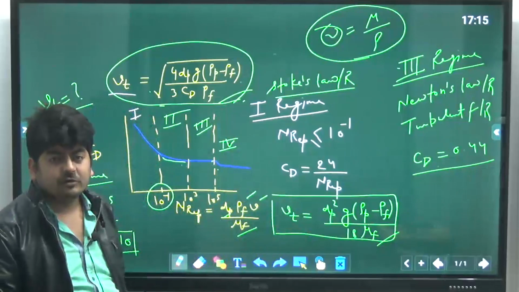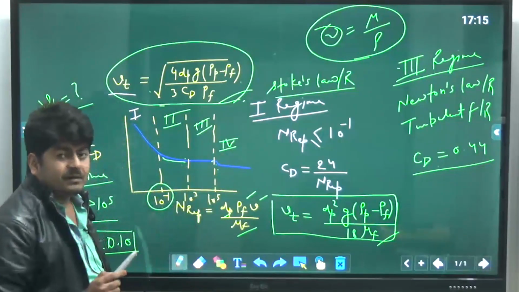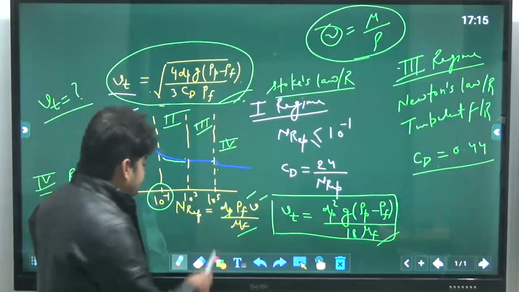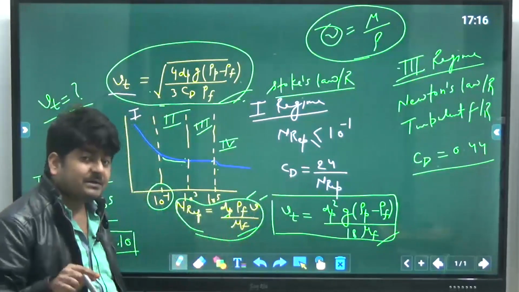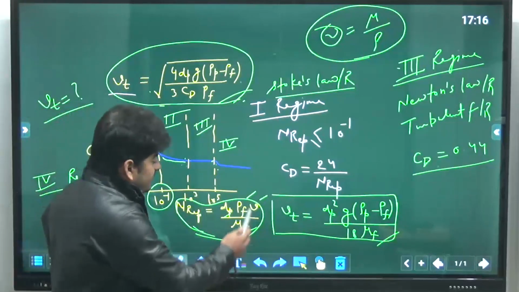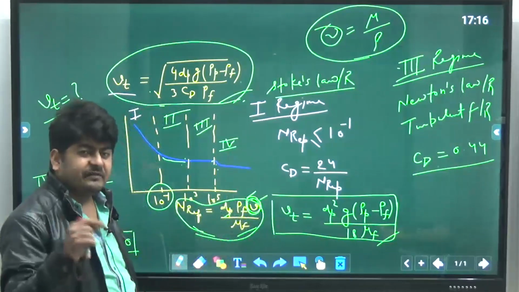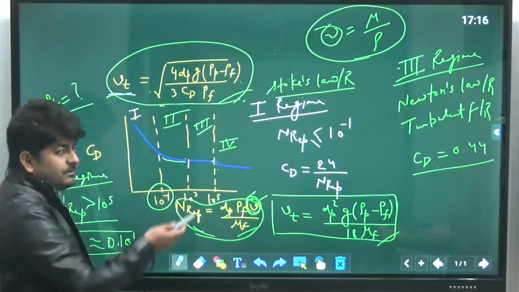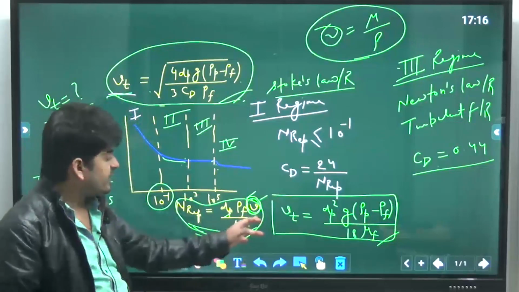But which form I have to use, I can decide only when I know the regime. And which regime I have to use, I have to decide by calculating the particle Reynolds number. But the twist is, to calculate particle Reynolds number, we have to use V. Velocity we have to find out, but we don't know it, so we cannot calculate the particle Reynolds number.